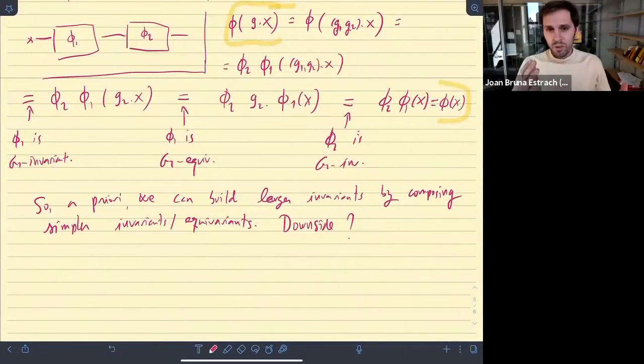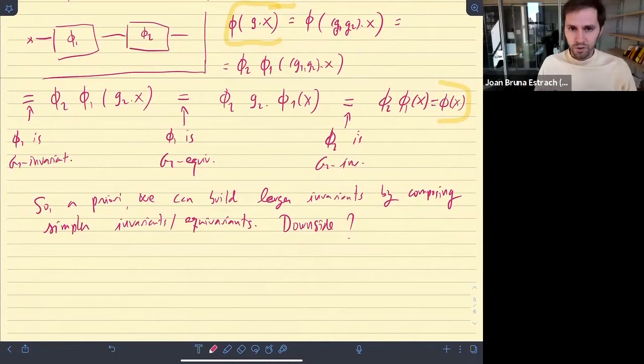But this has to be always in tension with the ability to have a rich representation, so that you don't throw away information. You want to be invariant, but you also want to be powerful. You want to capture all the interesting information that is in the input. So in other words, is there a risk of losing information when you take this factorized approach?